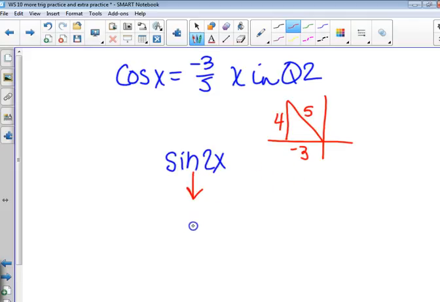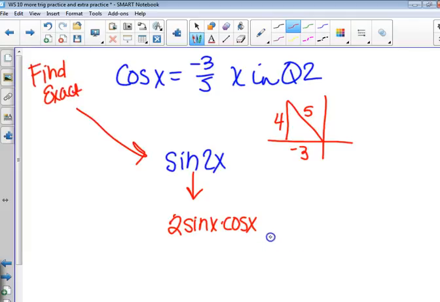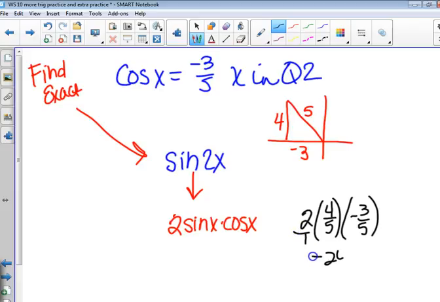Then you go to your blue sheet. And it says 2 times the sine times the cosine, yes? And it says find the exact value, by the way. So you'd have 2 times the sine from this picture times the cosine from this picture, and your answer would just be negative 24 over 25, maybe?